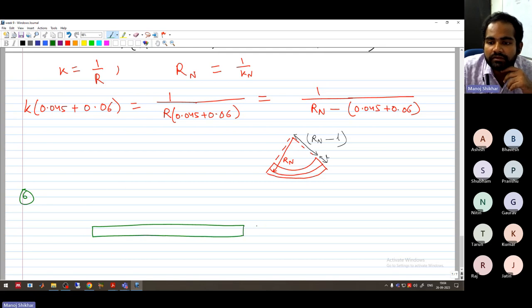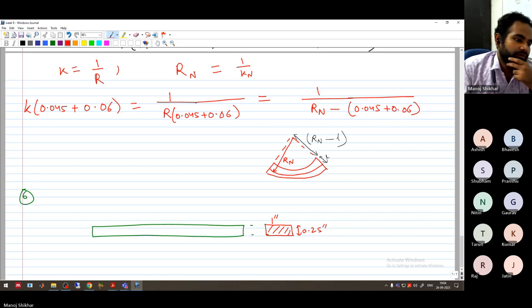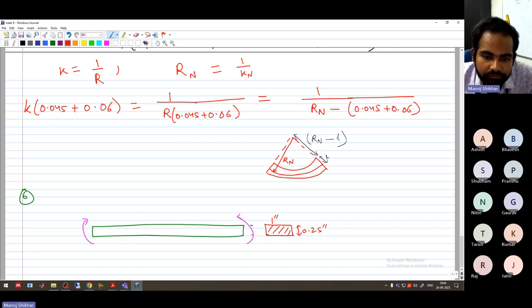And the cross section of this rod is this is 1 inch and this is 0.25 inch. They are telling that they have applied moments here. And after applying moment, what has happened? The rod has deformed.